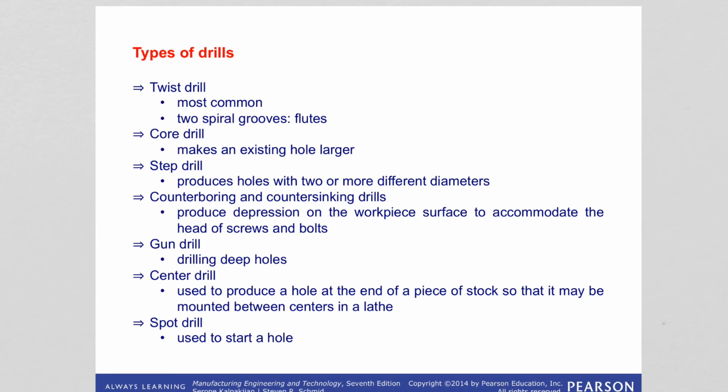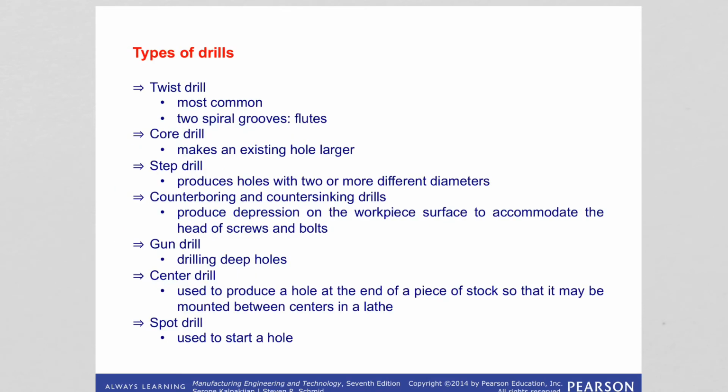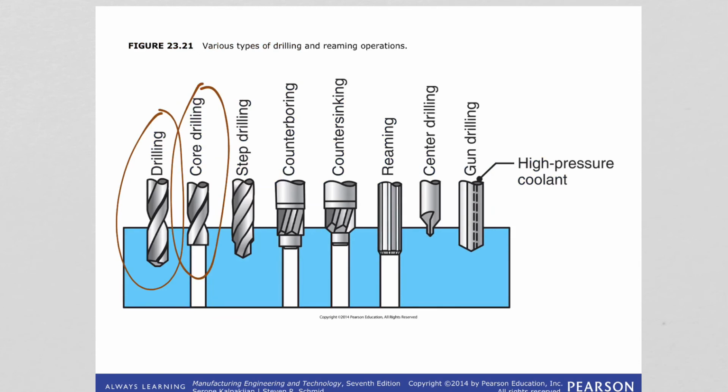A core drill is used to make an existing hole larger. This one. And there are step drills. These produce a hole with 2 or more different diameters. Here you can see.